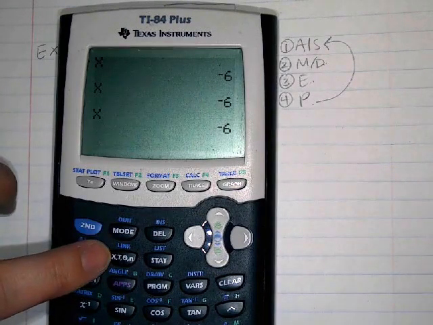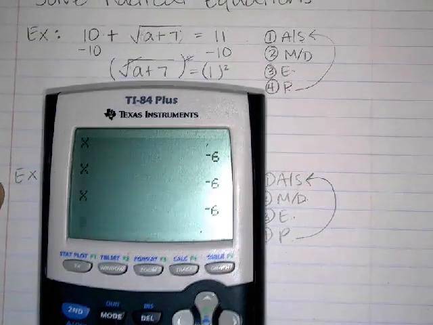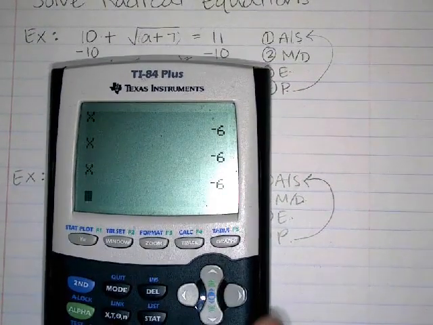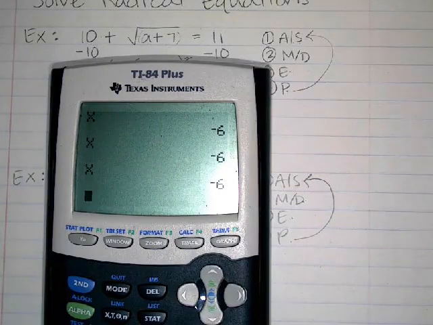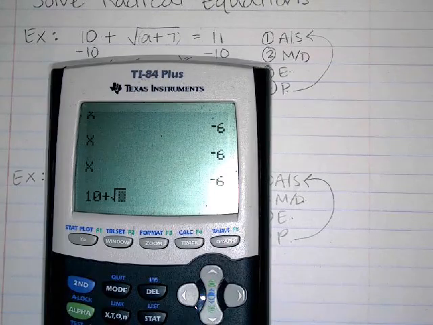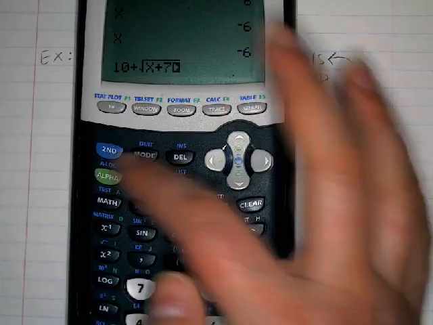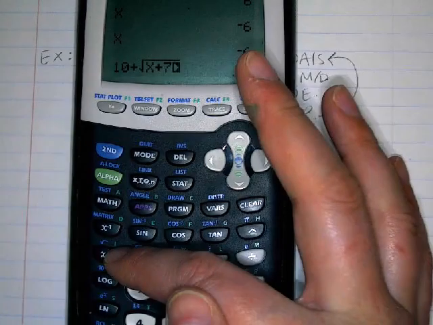Now what we're going to do is type the original problem and make sure it equals 11. So I'm going to type 10 plus square root x plus 7. The square root is second of x squared. See it in blue right above the x squared?